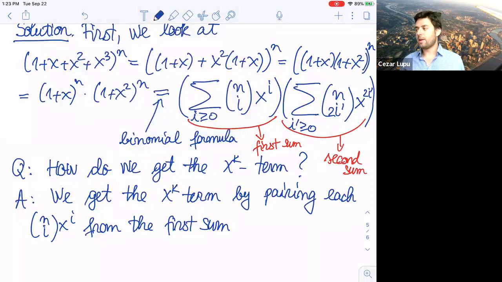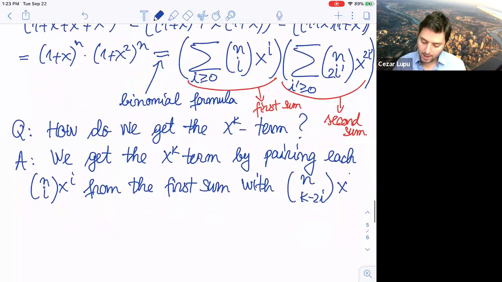From the first sum, and now with what? Pay attention here because I want to have x to the k. So with what term here will be n choose what? k minus 2i, right?